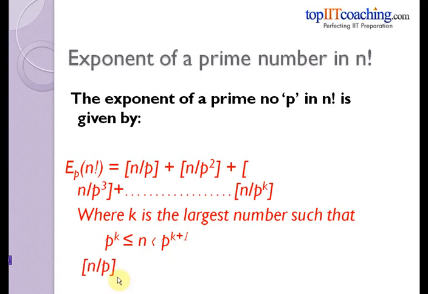Here the quantity under the bracket [n/p] is the greatest integer, that is, this bracket represents the greatest integer.